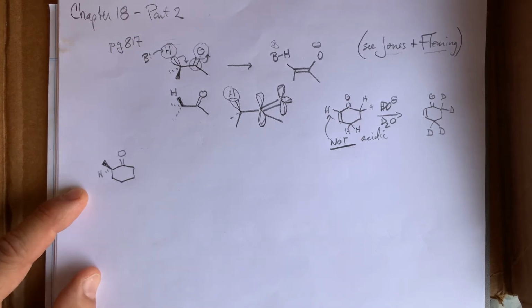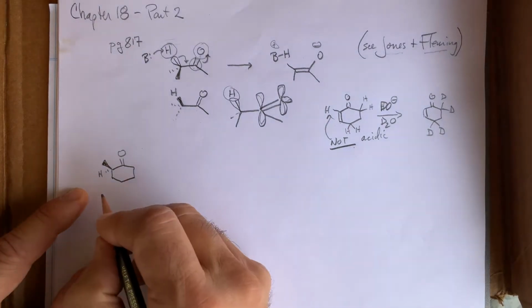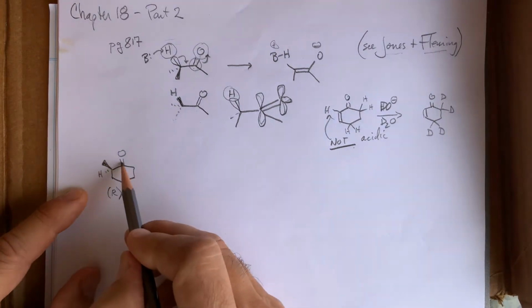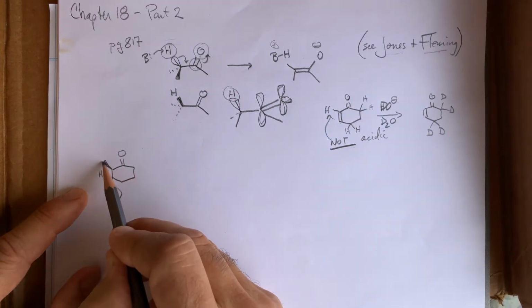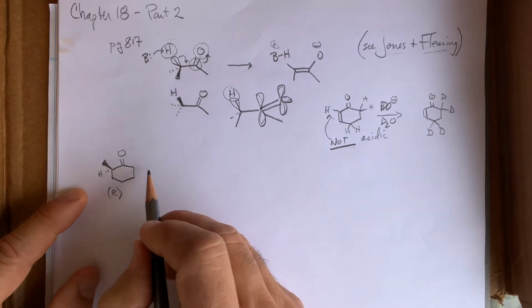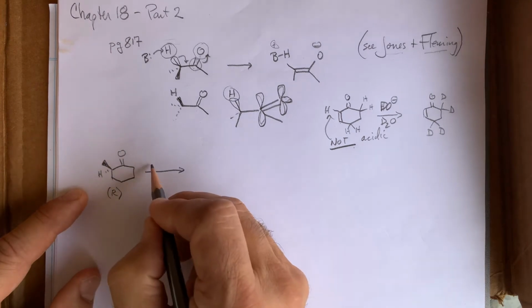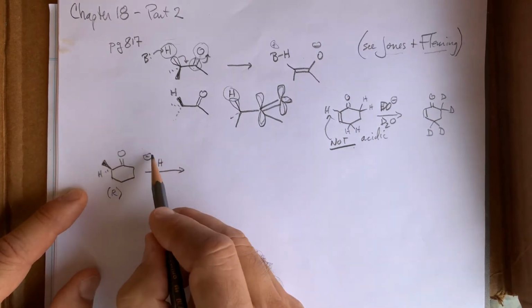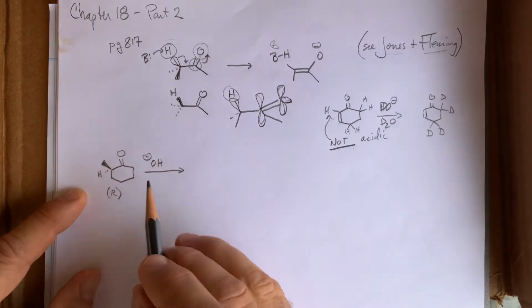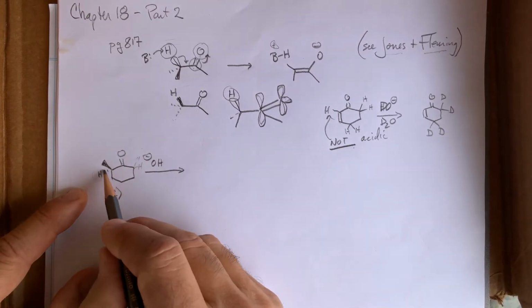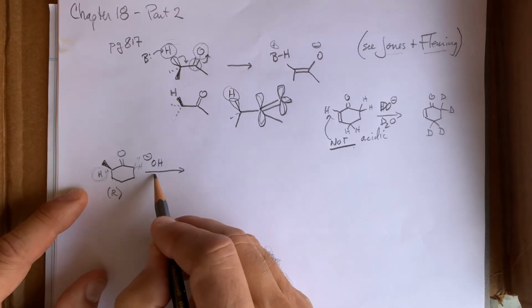As I have it drawn here, this is the R. 1, 2, 3, hydrogen is back. If you treat this with hydroxide, yes, it'll add reversibly to the carbonyl, but it'll deprotonate these hydrogens. It'll also deprotonate this hydrogen.